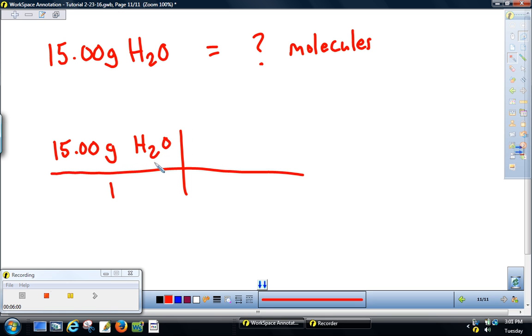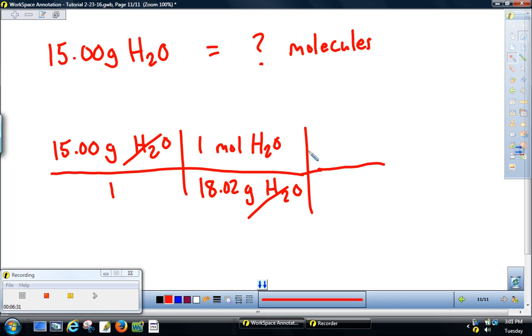We have to convert into moles first. Mass divided by molar mass gives you the number of moles. So 1 mole of water weighs how much? Well, 2 hydrogens at 1.01 each is 2.02, plus the 16 grams of oxygen, so 2.02 plus 16 is 18.02 grams. The grams of water cancel, so now we're in moles of water.